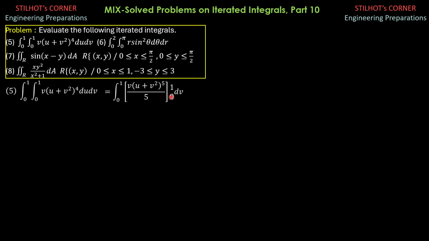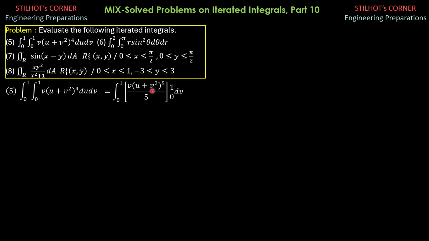So if we substitute the limits 0 to 1, when u is 1, this is 1 plus v square raised to 5 over 5. Let's factor out 1/5. And then if we let the inside be another variable u, the differential will be 2v dv.